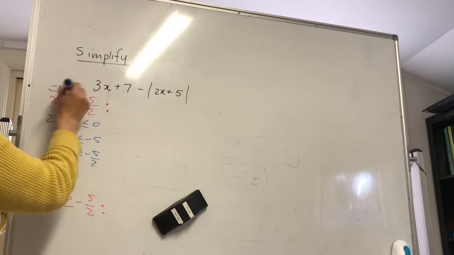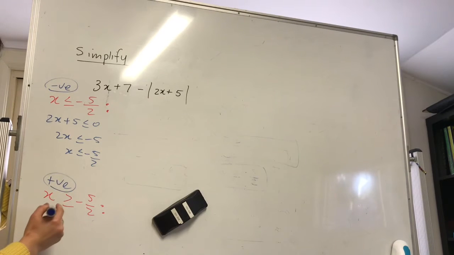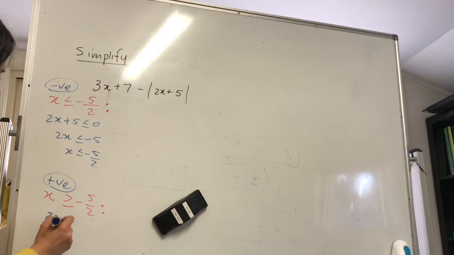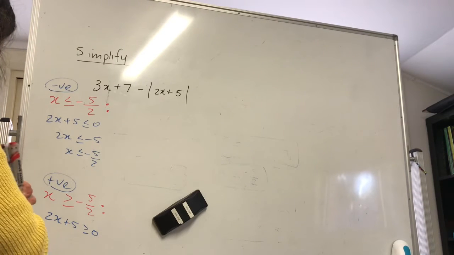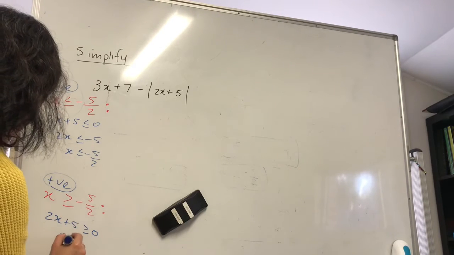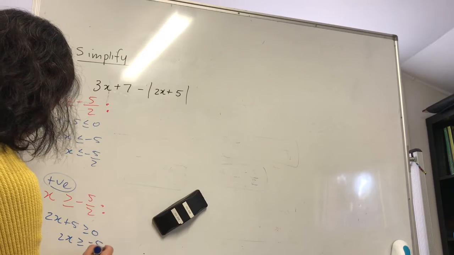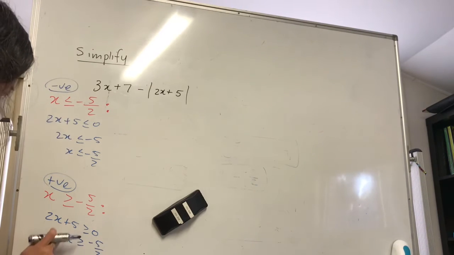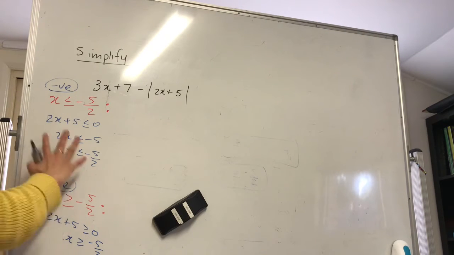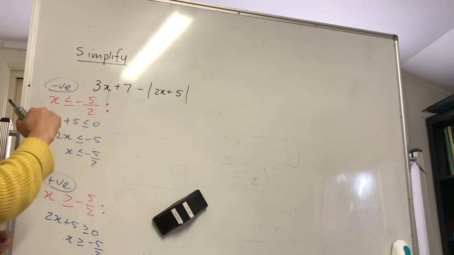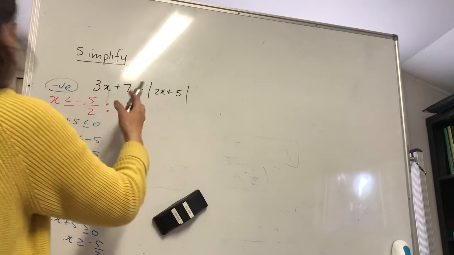So that was a negative. I should have done positive first, but it doesn't really matter. So this one is positive, so then I've got minus 5 over 2. Okay, so that's what I got. Here when x is positive, here when x is negative. Does that make sense? So let's do it.